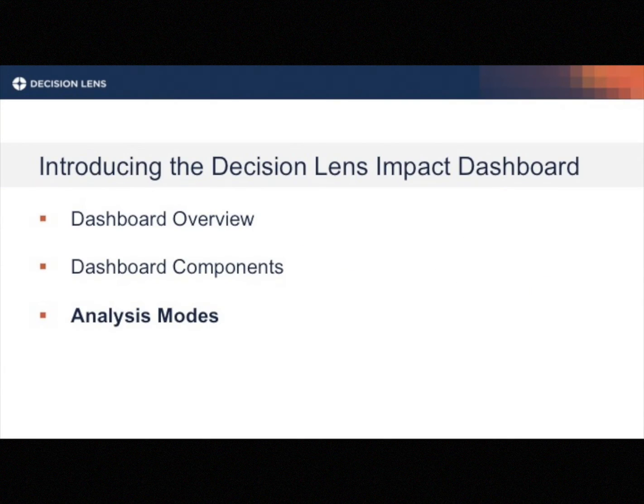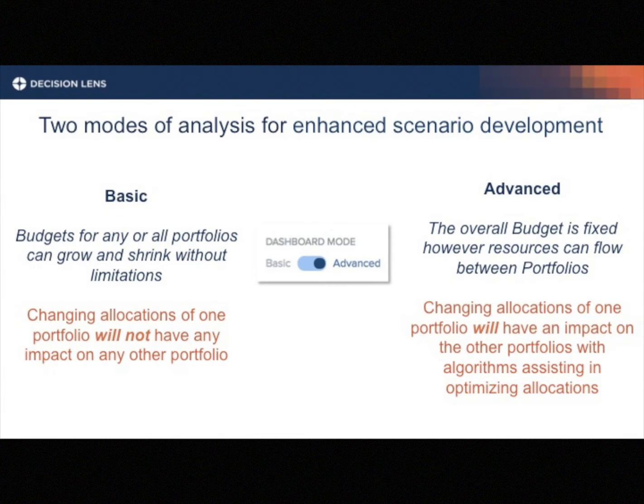Yeah, so like Caitlin mentioned, we do have a couple different analysis modes. What Caitlin was just showing you there is the default mode. That's our basic mode, where budgets for any or all of your portfolios can grow and shrink without limitations.